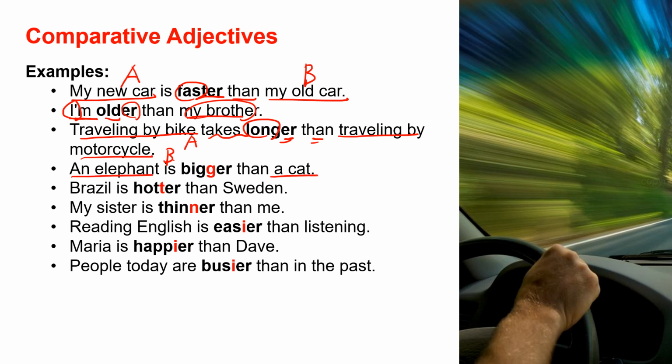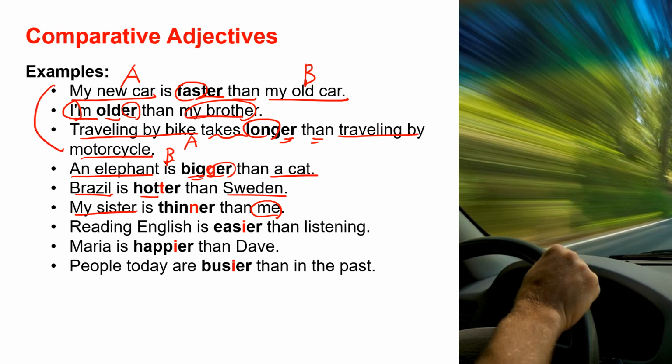So two things, bigger than a cat. An elephant is bigger than a cat. Brazil and Sweden, two countries. Brazil is hotter than Sweden. My sister and me. My sister is thinner than me.